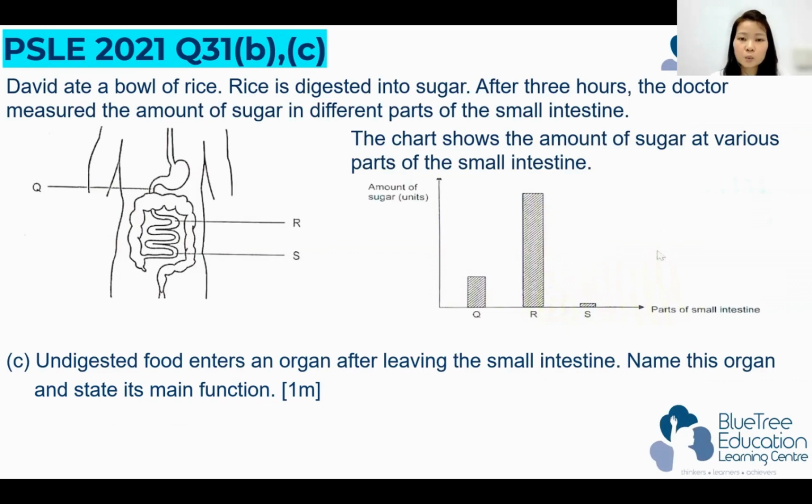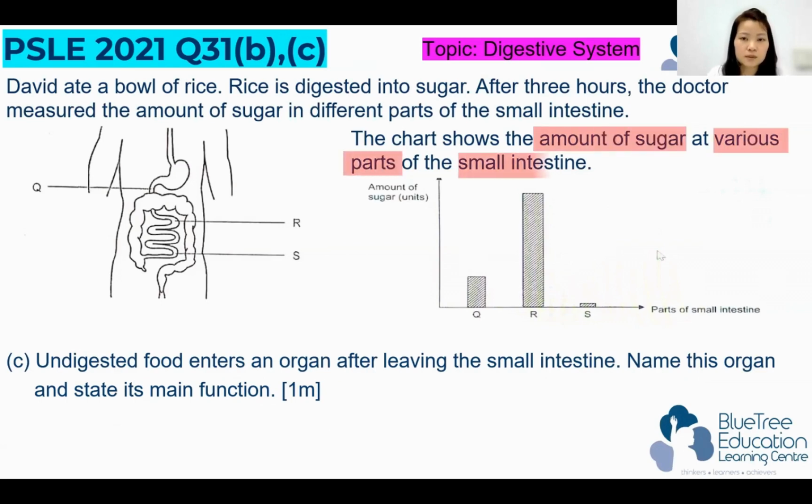So what are the key words for this question? The keywords they ask you are the undigested food, name the organ, and state its main function.